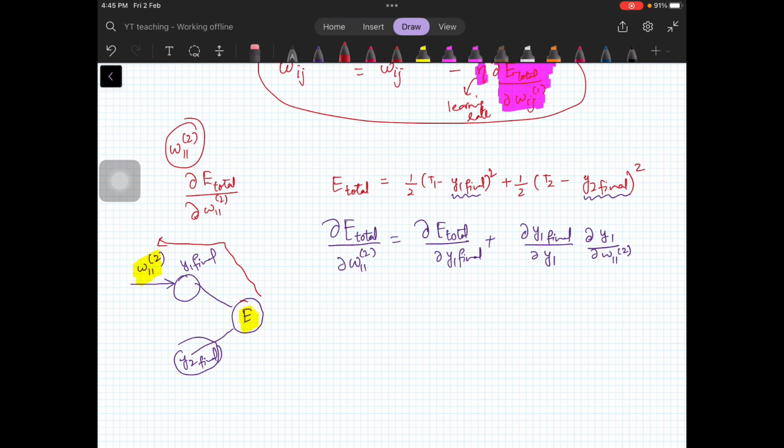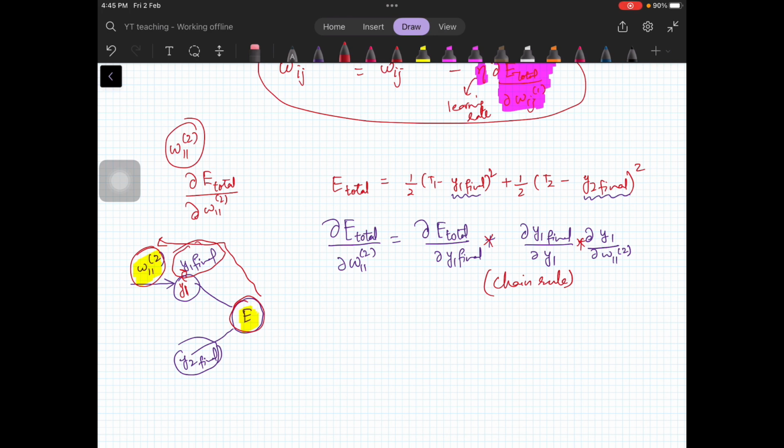I'll differentiate E with respect to Y1 final, then Y1 final. Before Y1 final there was Y1, that is just the activation function, and then you have your weight. Is this thing clear? So all these are multiplications. This is my chain rule, right? Sorry for the addition earlier here. This is multiplication. I hope that makes sense.